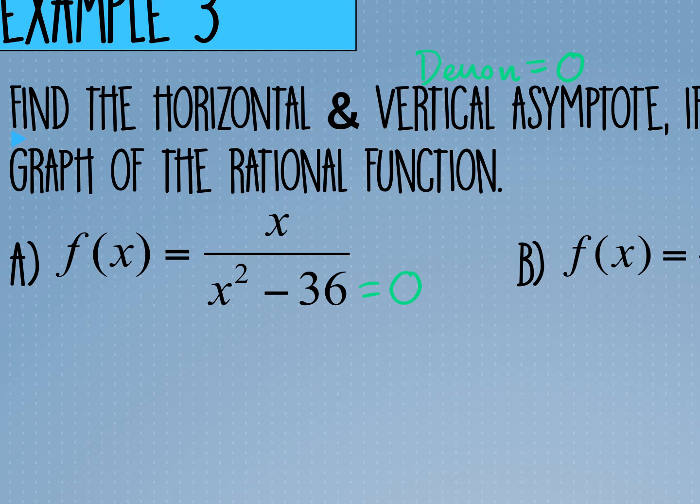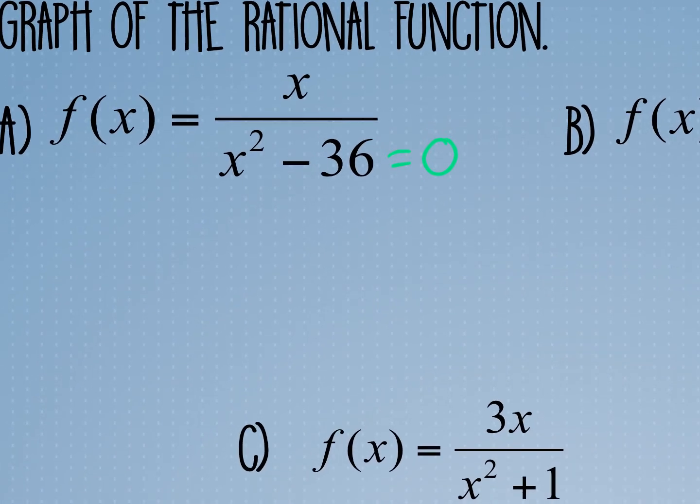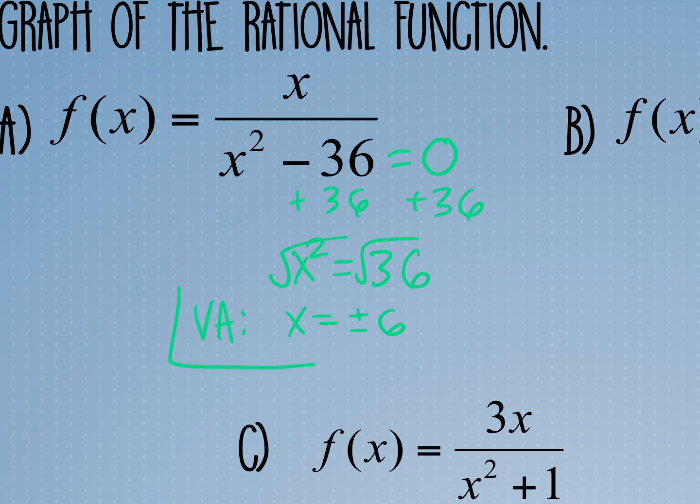Add 36 to both sides. So x squared is equal to 36. Take the square root. So what's x equal to? Plus or minus 6. So we have two vertical asymptotes at positive 6 and negative 6.